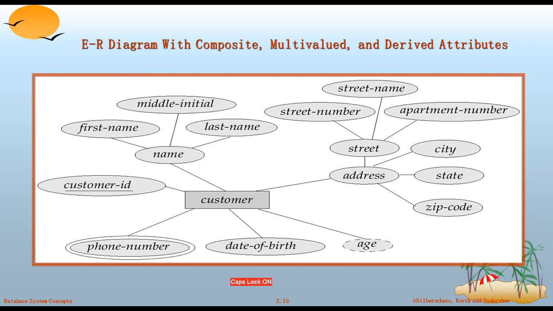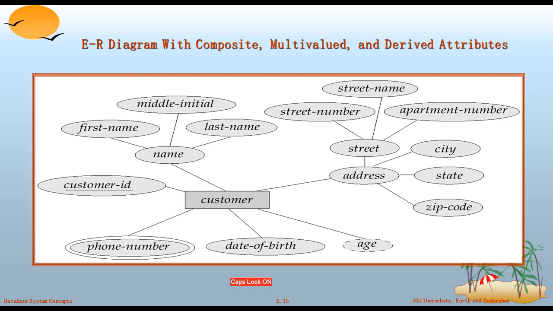It is divided into first name, middle name, and last name. That is the representation of a composite attribute. Address is also further divided into street, which has street number, street name, apartment number, then city, state, and zip. So it is also called a composite attribute. And then the multi-valued attribute.